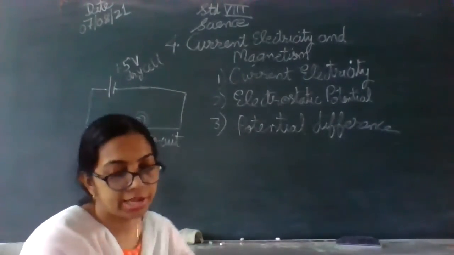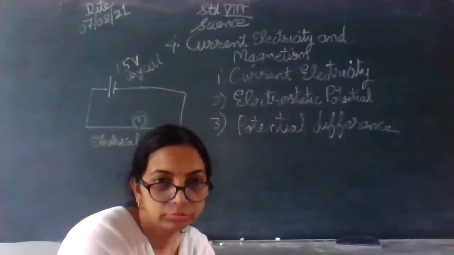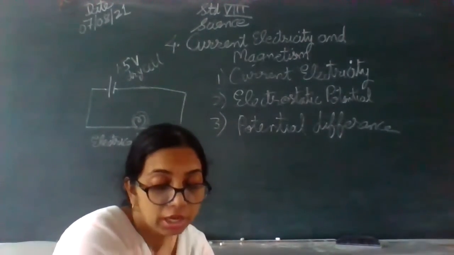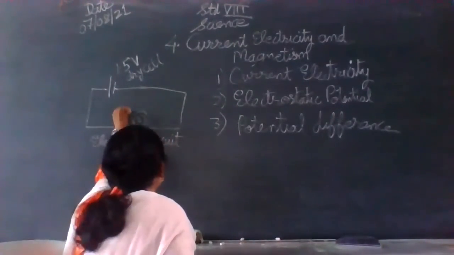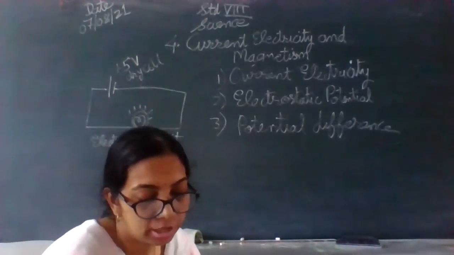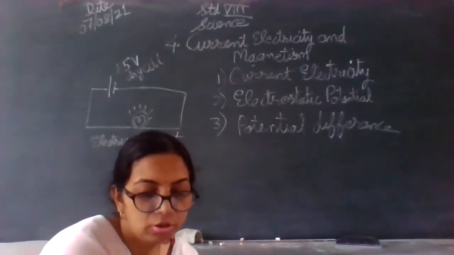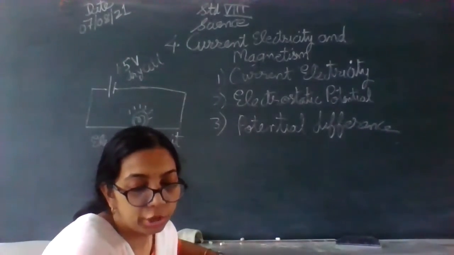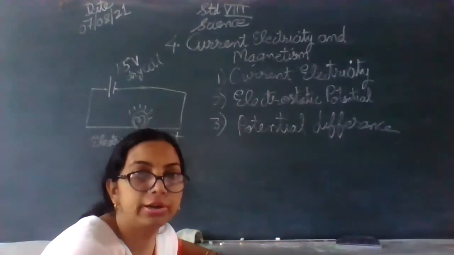Now, it will be realized from glowing of the bulb that a current is flowing in the circuit. When we added this dry cell or battery, as you call it in common language, the bulb will glow. Otherwise, it was not glowing. Okay? When the battery is added, it started glowing. Here, what is happening? Electrons in this circuit wire flow due to the potential difference between the two ends of the dry cell.